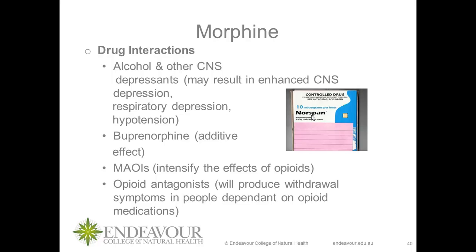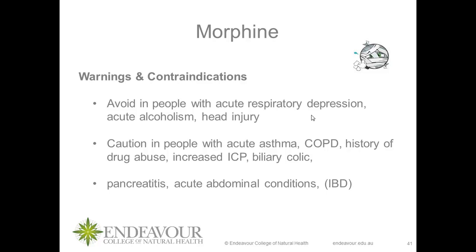When you use morphine with the antagonists, people who are dependent on the opioid medication might produce some withdrawal symptoms, so that would be a drug interaction. The opioid antagonist is actually being given to minimize withdrawal symptoms, but it may interact and produce some.